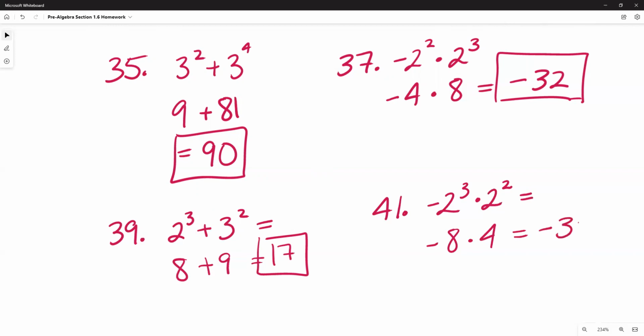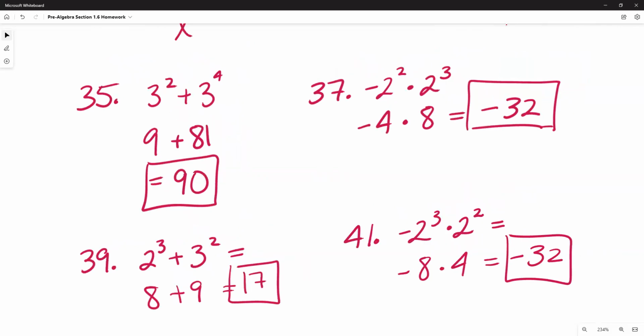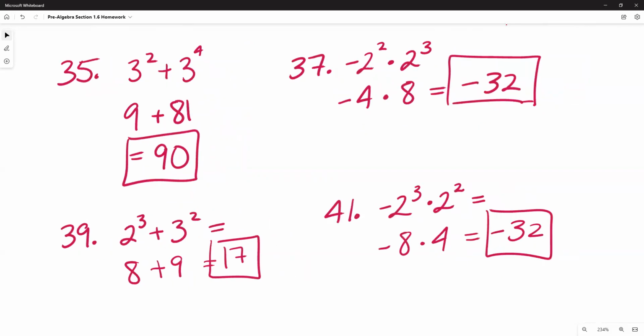Negative. Right? They just reverse the exponents, which doesn't matter because the base number is the same. And because that one's multiplication, well, you know what? I'm not even going to do that and confuse you.